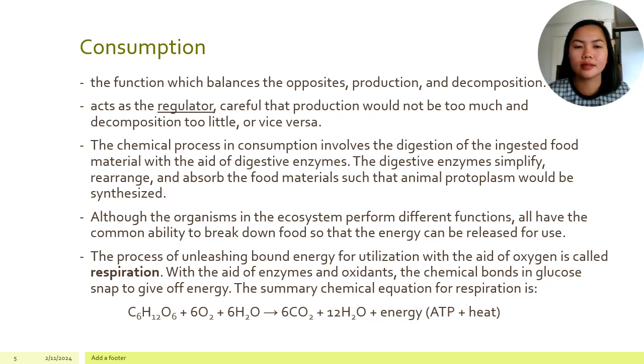The process of unleashing bound energy for utilization with the aid of oxygen is called respiration, or cellular respiration. With the aid of enzymes and oxidants, the chemical bonds in glucose, which is in our food, snap to give off energy. So the summary chemical reaction for respiration is presented below.